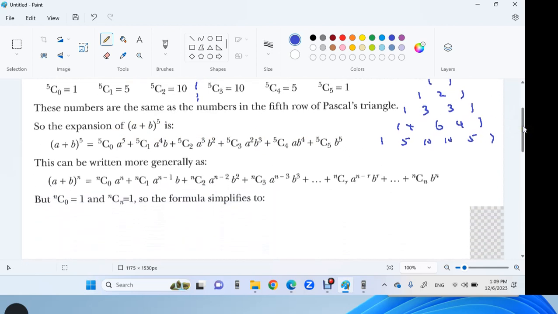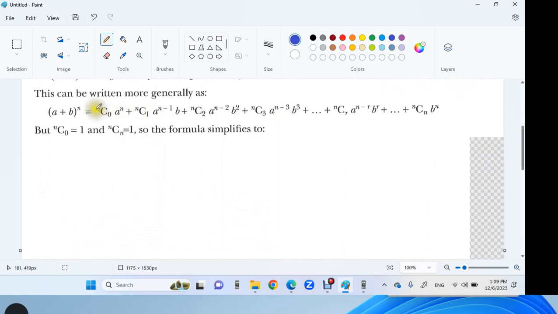In general, (a + b)^n will be nC0 a^n plus nC1 a^(n-1) b^1 plus nC2 a^(n-2) b^2. You can add up the two powers and it will become n.